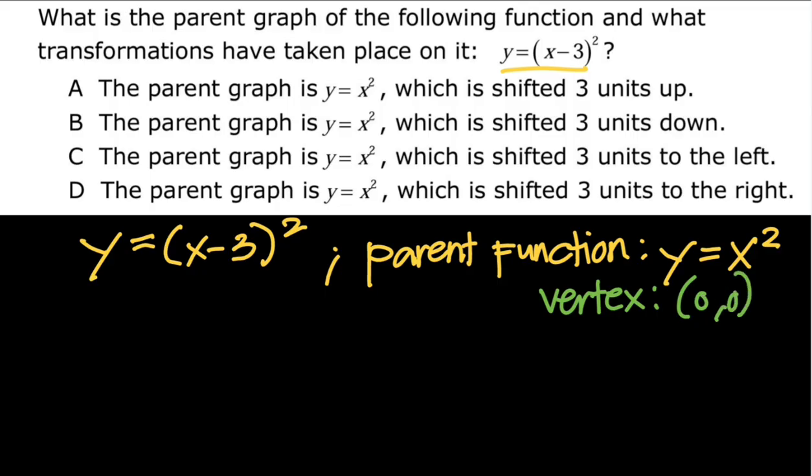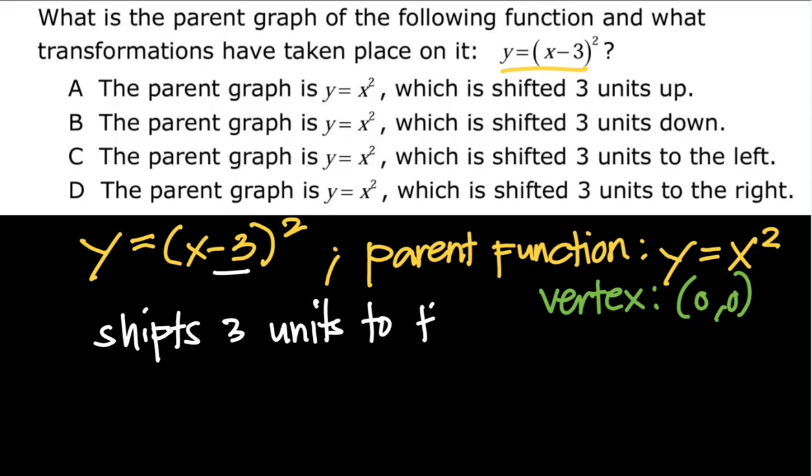Now let's check the transformations of the given function. So notice here that there is this negative 3 inside parentheses. That means this graph shifts 3 units to the right.